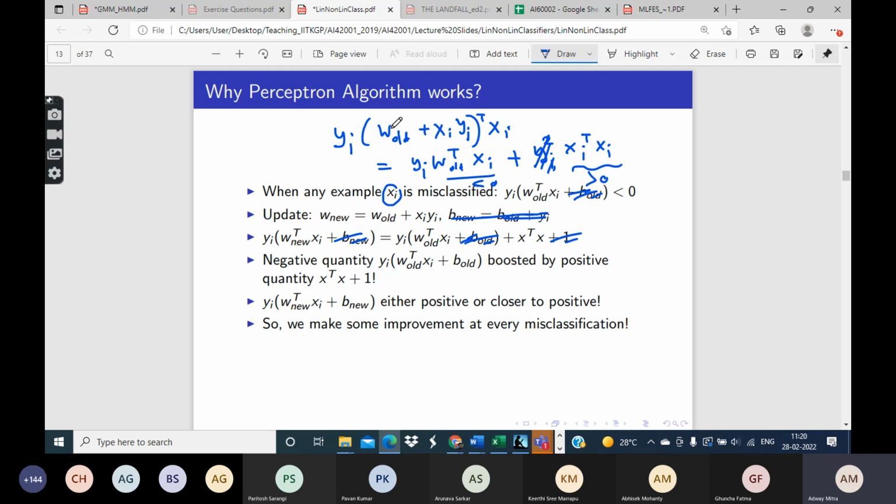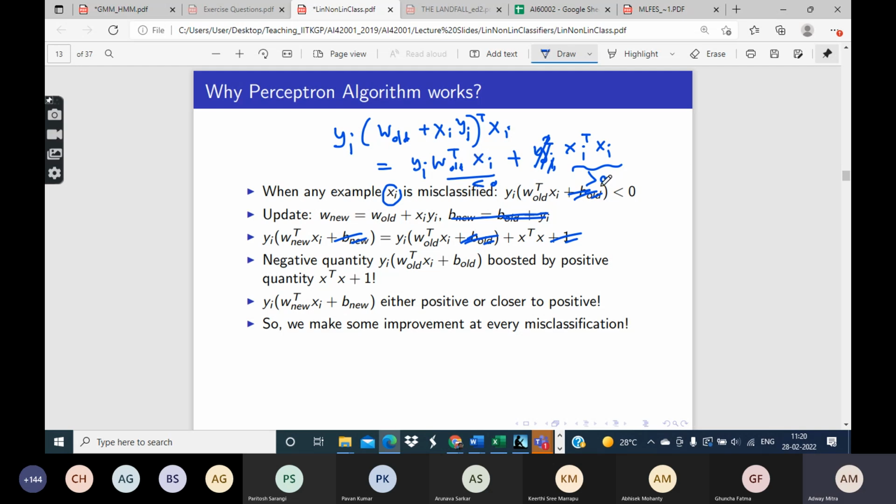So what happens to the left hand side? We cannot say for sure whether it will be positive or negative. It's possible that it will become positive. That is, this thing was initially negative; on adding this quantity, either it will become positive, or it will still be negative but closer to 0 than it initially was.